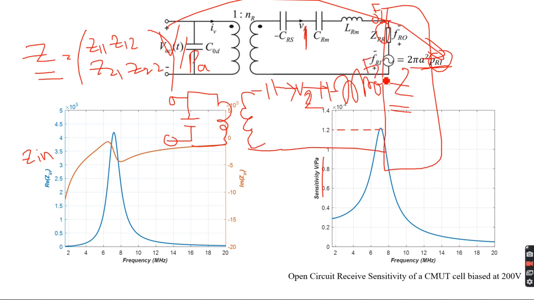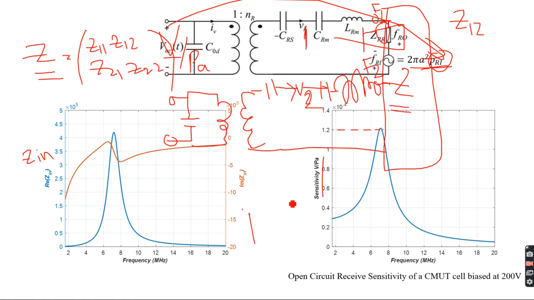If they're configured as transmitters and you apply a harmonic signal on the electrical side, then the amount of force that cell 1 is going to push into the medium is not solely dependent on the radiation resistance or the self-radiation impedance of the cell, but is also affected by Z12, because the other cell is going to push the first cell, right?